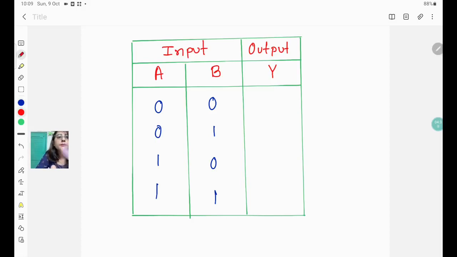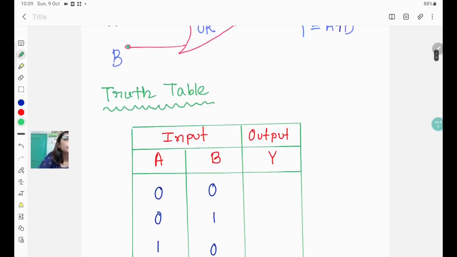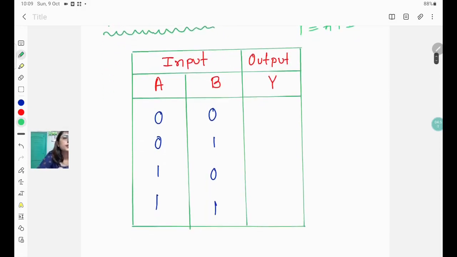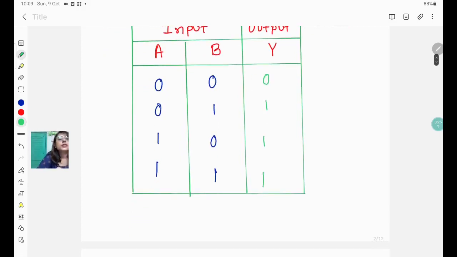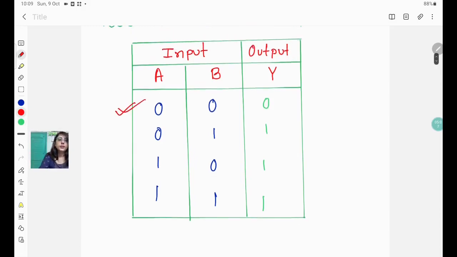So finally, if we write the output here, we have the output Y equal to A plus B. So 0 plus 0 is 0, 0 plus 1 is 1, 1 plus 0 is 1, 1 plus 1 is 1. So in only one situation, that is if the 2 inputs are 0, only then the output will be 0.